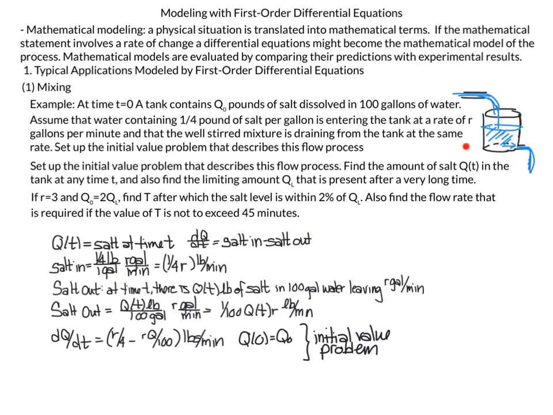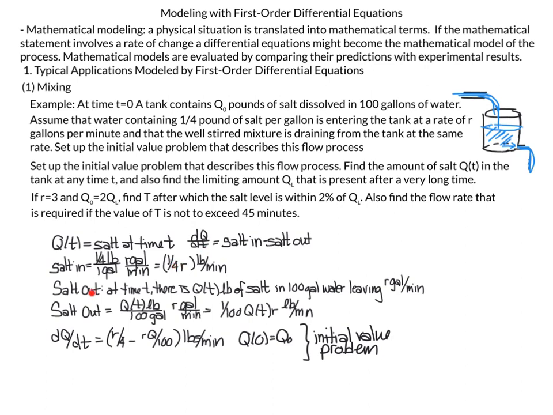In other words, the change in the amount of salt is going to depend on the amount of salt in minus the amount of salt out. The amount of salt in is 1/4 of a pound per gallon, at a rate of r gallons per minute. So that means we have 1/4 times r pounds per minute.